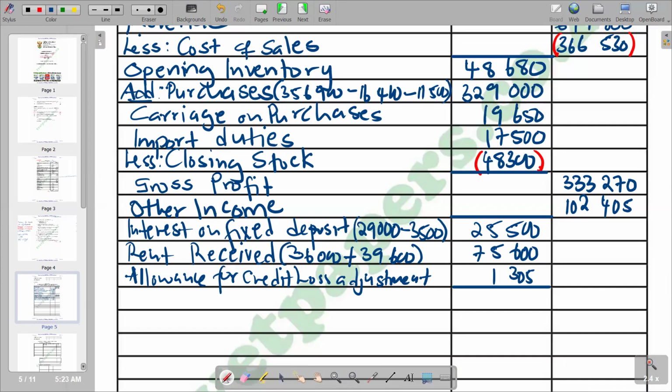Then the other income figure, you're supposed to add it to your gross profit to get your total, which is supposed to be gross income for the year.